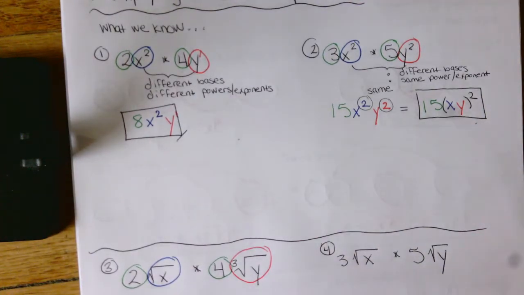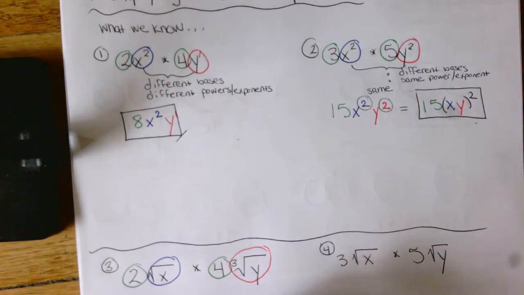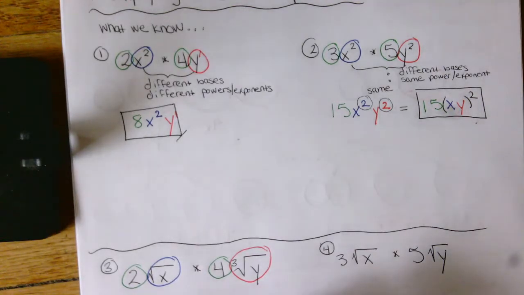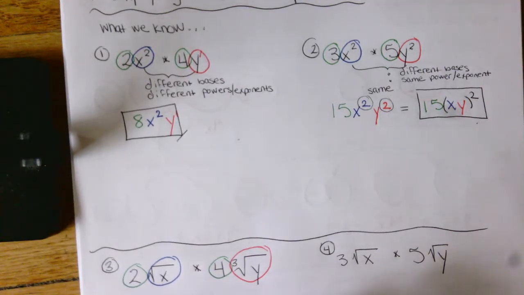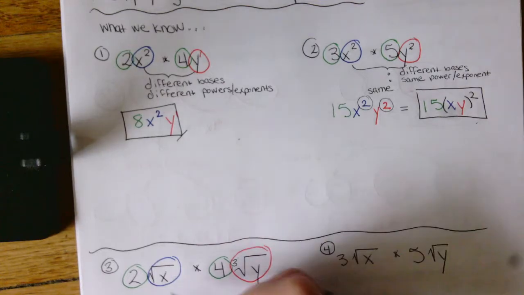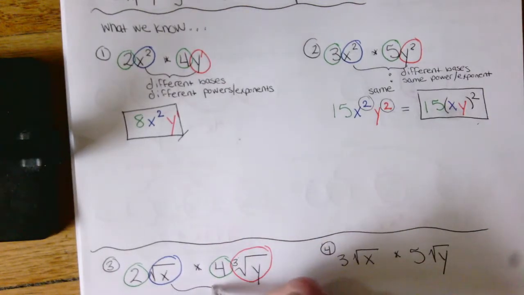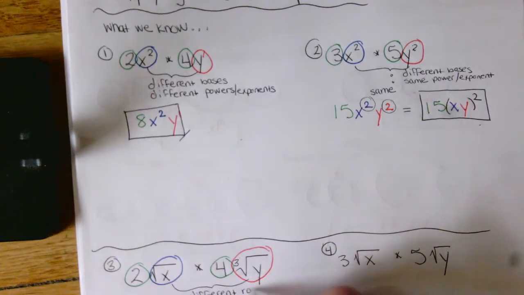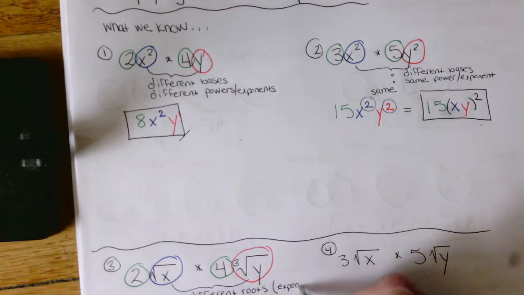Now, I can't do anything because this is the only square root x. I can't do anything. This is the only cubed root y. So these two terms have different roots, which is the same thing as exponents.